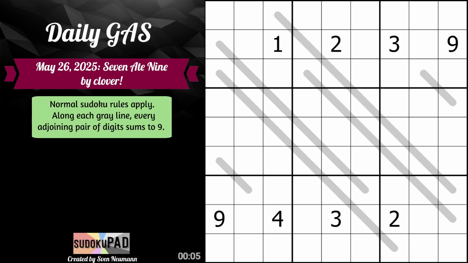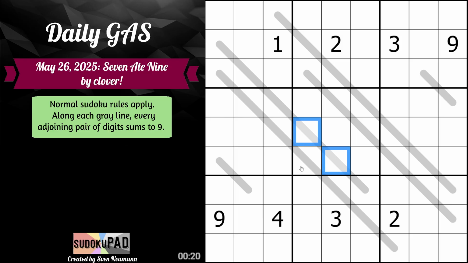All right, so that's interesting because what's going to end up happening here is each of these lines has to be a different pair of digits that sum to 9.